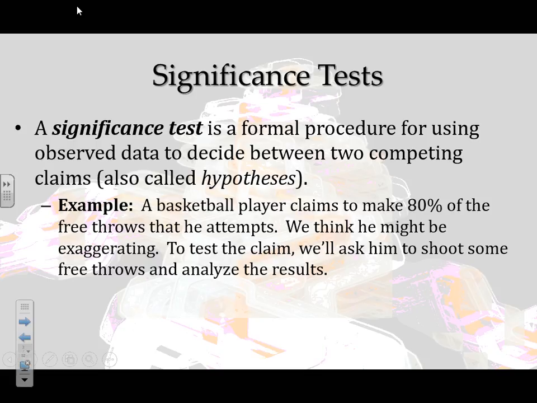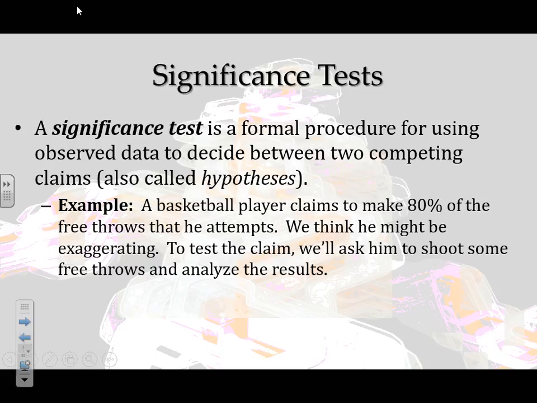These claims that we're going to be looking at are what we call our hypotheses. So you're going to have two claims that you're going to check, and we're going to run through whatever test is appropriate for the information we have, and we're going to decide which claim we're going to go with. It's kind of the basics, to break it down to the lowest level.